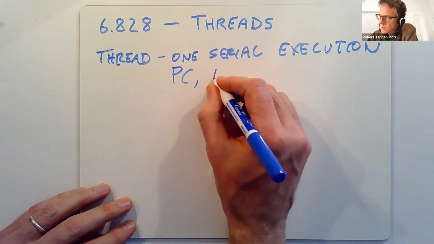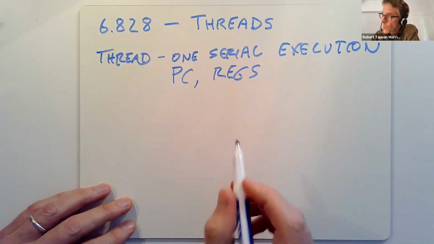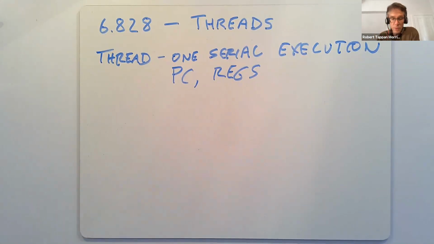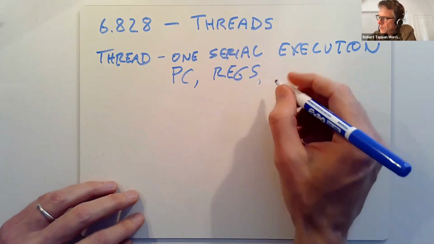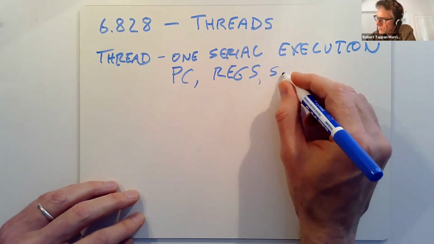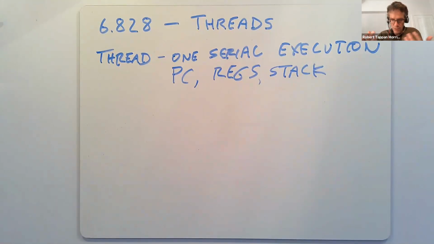That means the state of a thread includes the registers that the compiler uses to hold variables. It also includes a stack, because of the way the compiler generates code. Typically, each thread has its own stack dedicated to executing that thread, and the stack records the function calls that reflect the current point in the execution of that thread.